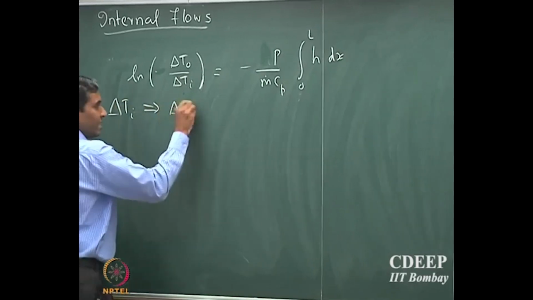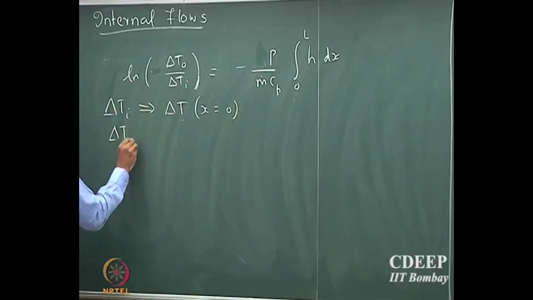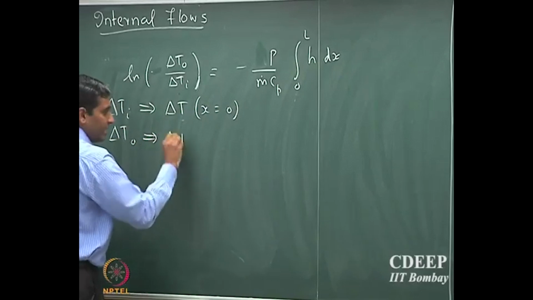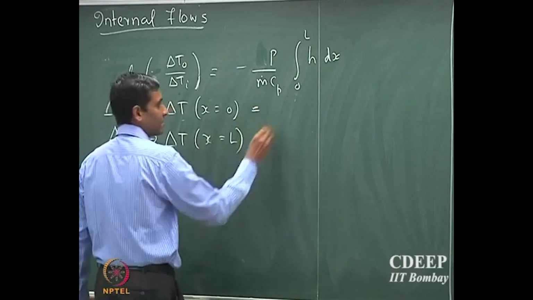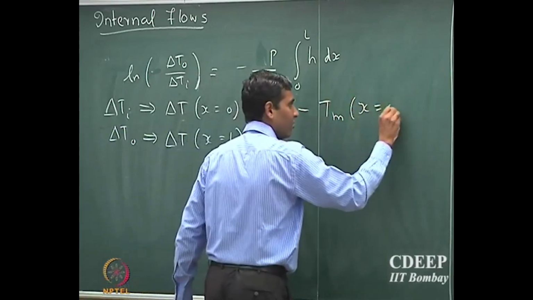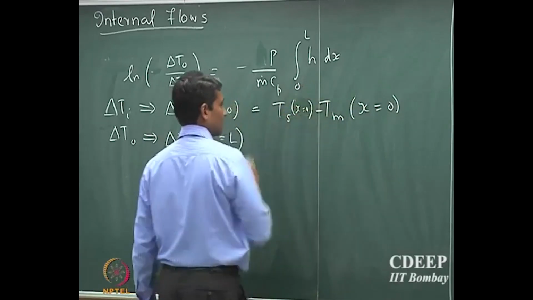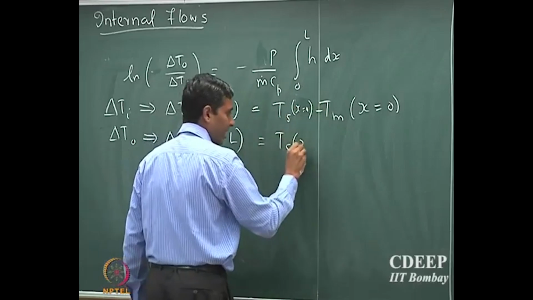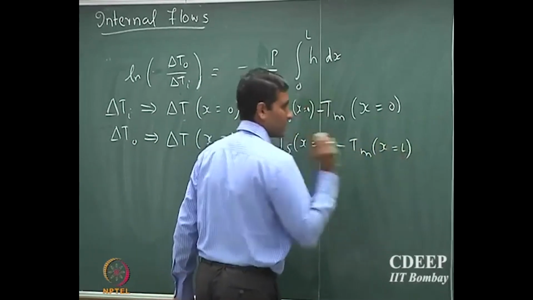Okay. So, delta Ti is nothing but delta T at x equal to 0, and delta T naught is delta T at x equal to L. So, delta Ti is Ts minus Tm at x equal to 0, and delta T naught is Ts at x equal to L minus Tm at x equal to L. Okay.